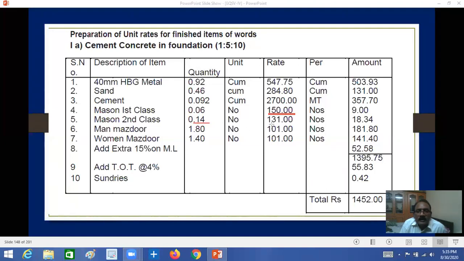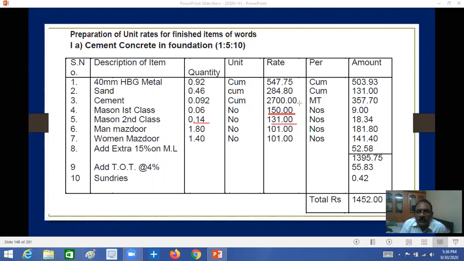This is for 131 rupees given. This is all SSR given. Nowadays, for second class, 800 rupees. So 0.14 into 131, you will get 18 rupees. And man mazdoor, that is labor, 1.8 given 101.